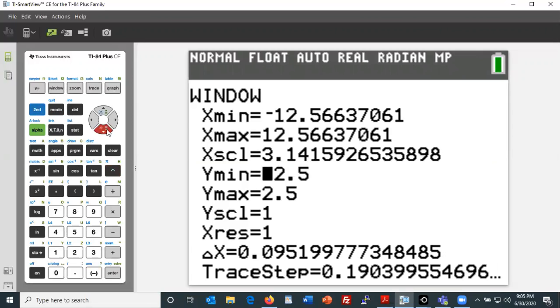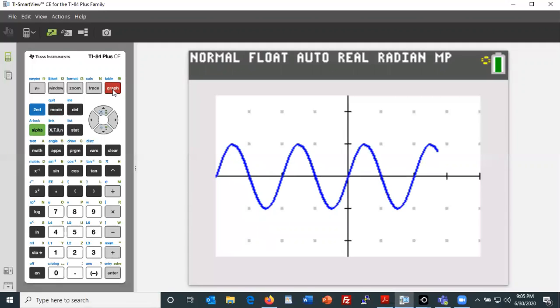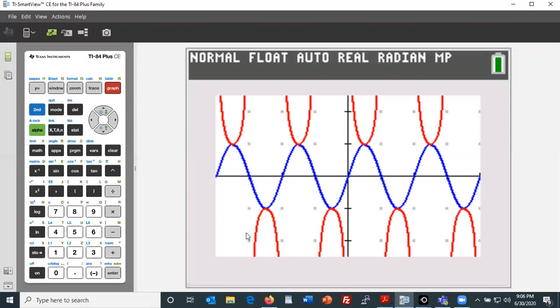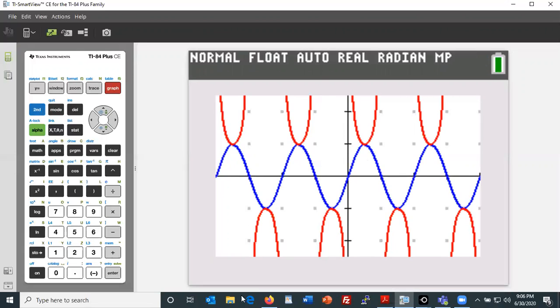And if I graph them together, there's the sine function, and there's the cosecant function in red. Notice that there are going to be asymptotes on each of these dots that you see here on the grid. So all those asymptotes that we drew are going to meet the red curves. Isn't it interesting that the sine is in the middle here, and the cosecant goes out the opposite way?